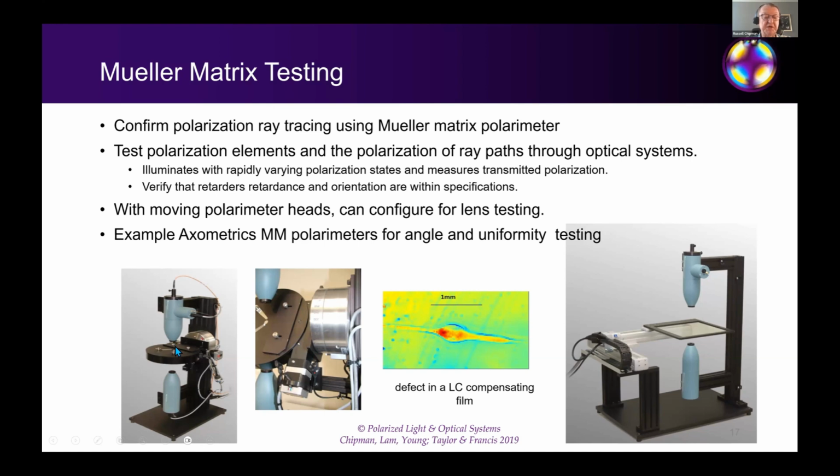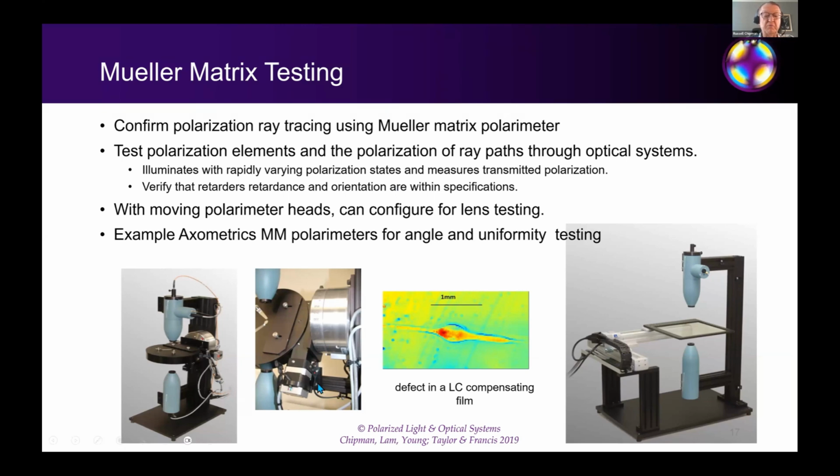The sample will change the polarization as a Mueller matrix, it's a diattenuator or retarder, and another more rapidly spinning retarder and fixed polarizer down here create a modulated signal that we can then decode into the sample's Mueller matrix. And from that Mueller matrix, we can get the sample's diattenuation, retardance, and depolarization.